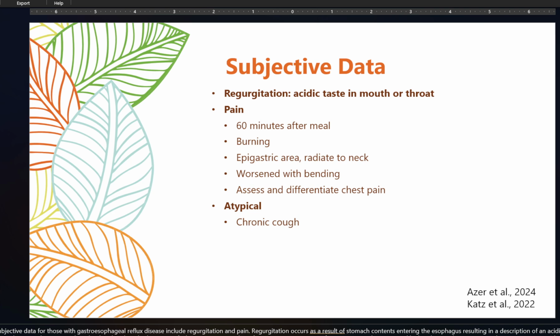The pain, on the other hand, is described as more of a burning sensation that often occurs 60 minutes after eating a meal and is worsened by bending, originating in the epigastric area with potential to radiate to the neck. Because of this area of pain, it is imperative that cardiac conditions are ruled out if the presence of chest pain is reported. Additionally, atypical presentations of GERD may include a chronic cough.